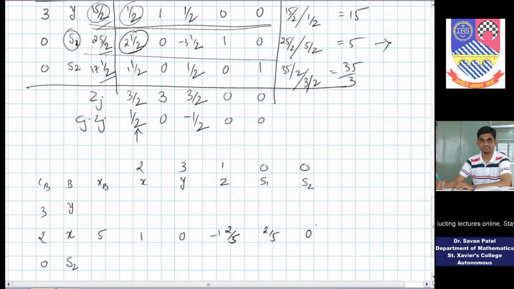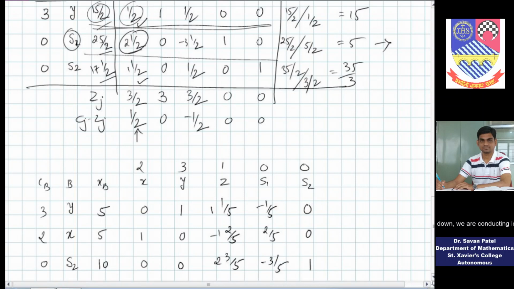Now to make this entry and this entry 0, applying row operations, we are having here the values 5, 0, 1, 1 by 5, minus 1 by 5, and 0. And here we are having the values 10, 0, 0, 2, 3 by 5, minus 3 by 5, and 1.